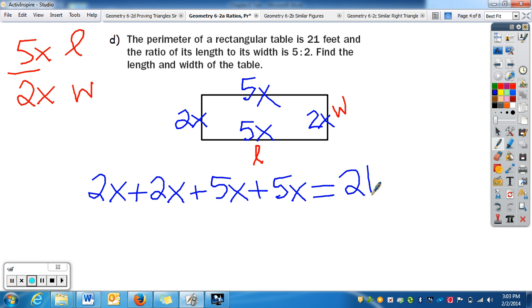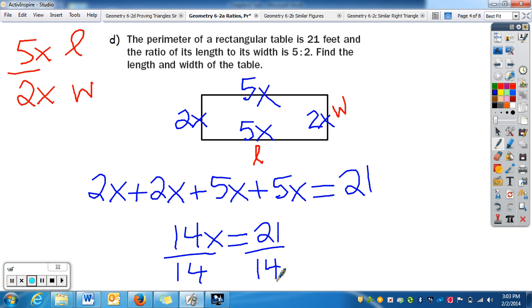And then all we have to do is solve for x, and then we can get our side lengths. So we have a total of 14 x's equals 21. Divide by 14. x equals 1.5. Alright, so then we're partially done. Now we just need to figure out what our length and our width is.